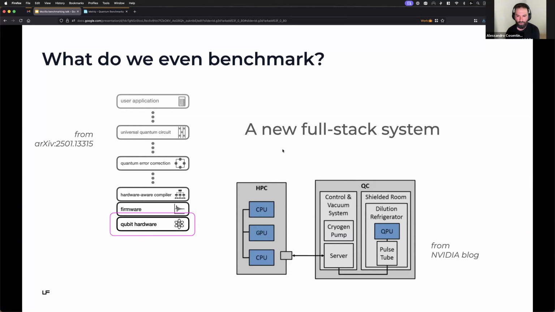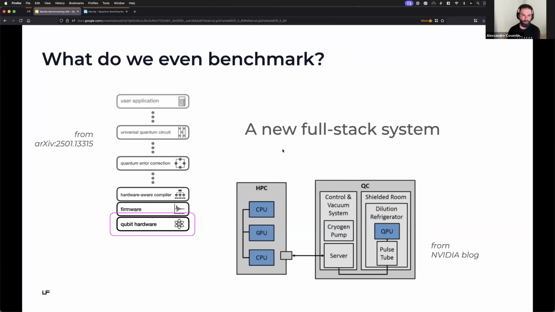I don't know if it's originally from them, but you can see the QPU, which is the quantum processing unit, is only a really small part of the whole quantum computer hardware. So the question becomes, what are we really benchmarking?